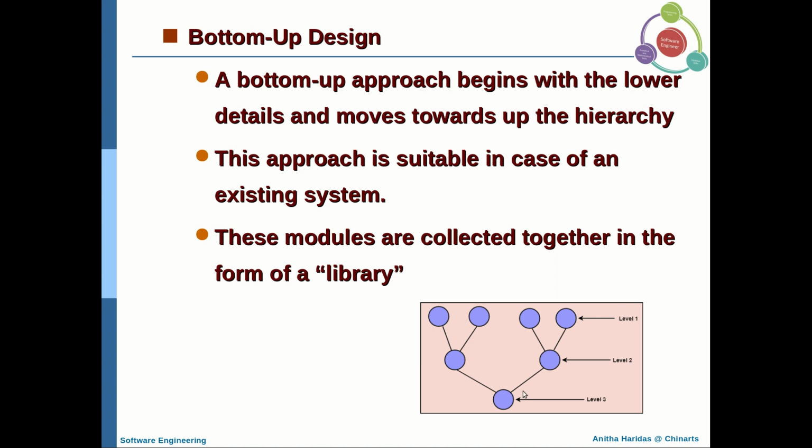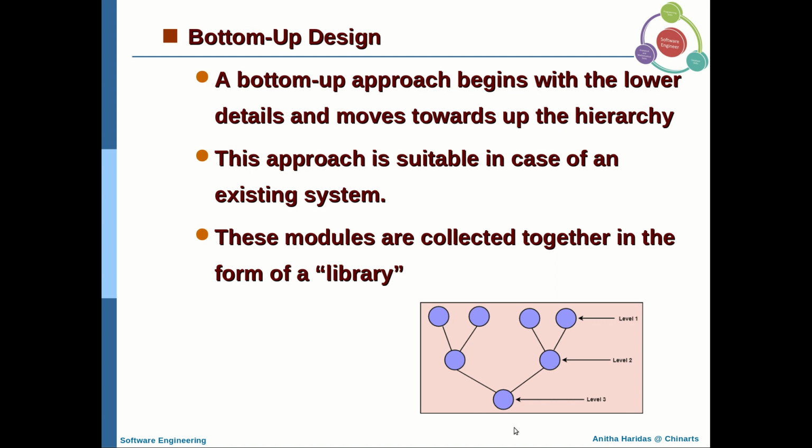Now, the diagram here depicts the bottom-up approach, which begins with the lower details. These are the lower details, the atomic details, and it is going to move up the hierarchy in this way. Here the diagram is given upside down so that we can understand the lower level modules are integrated here.